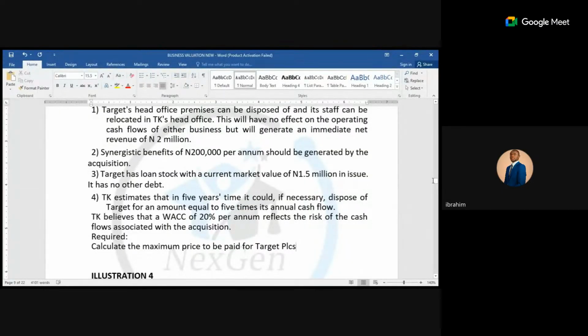So this is required, right? The maximum price to be paid for target PLC.